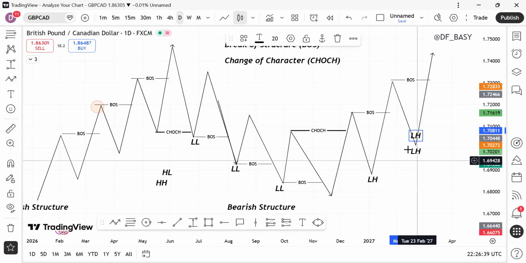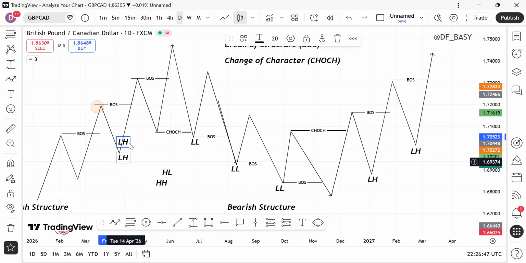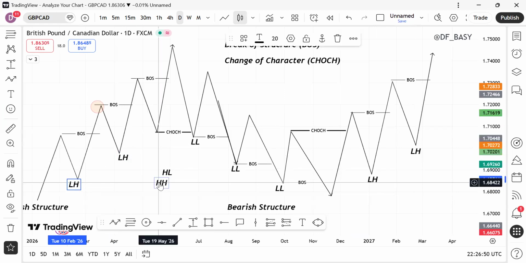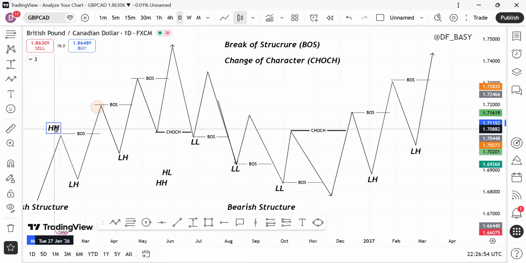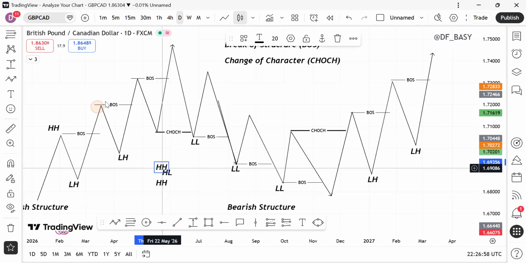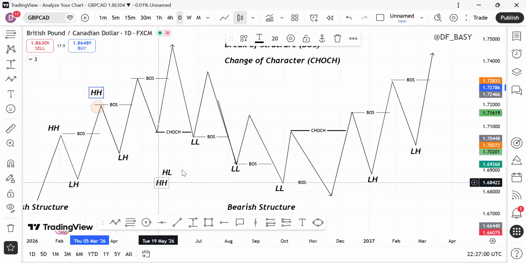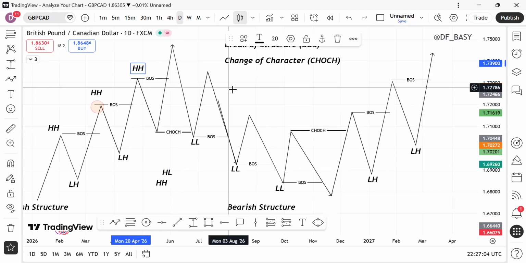of what I'm showing you guys. This is a lower high, this is a lower high, this is a higher high, this is a higher high, and this is a higher high.